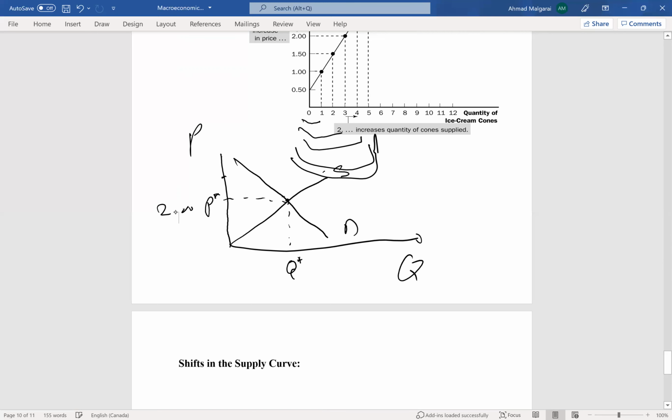If the price is $2.50, then we have a surplus.